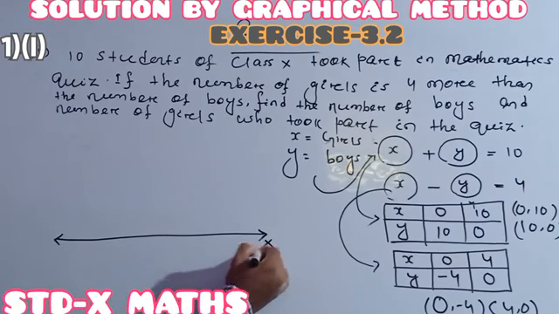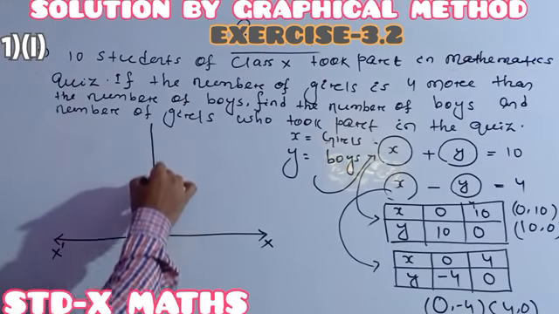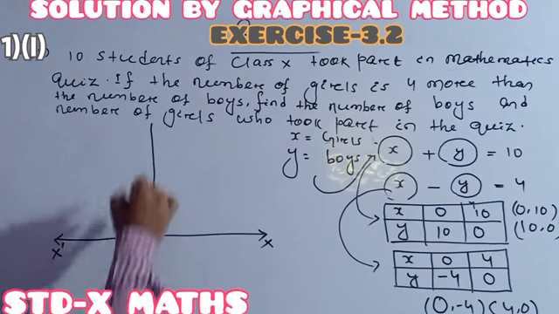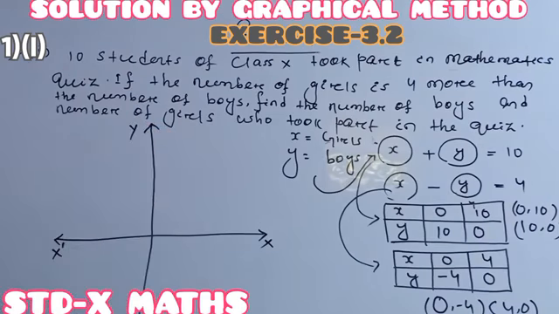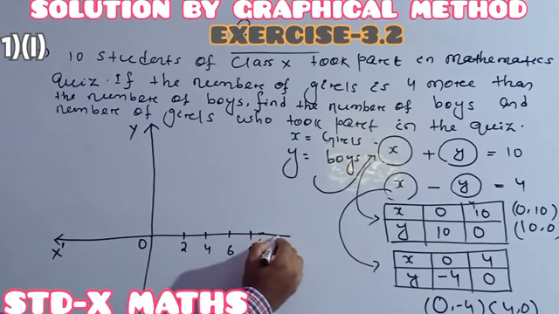This one is our x-axis, and this one is the negative of the x-axis. This one is our y-axis, this one is the negative of the y-axis, and this one is our origin. Within the short space, I will prefer to take each unit division as 2, 4, 6, 8, 10.